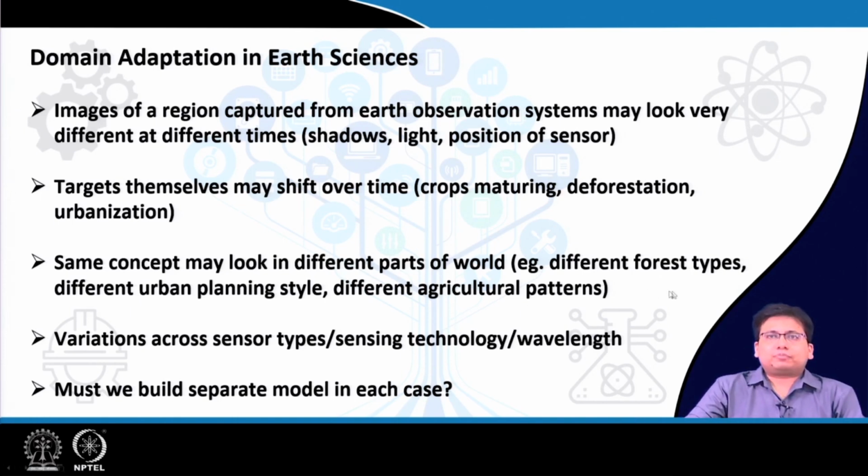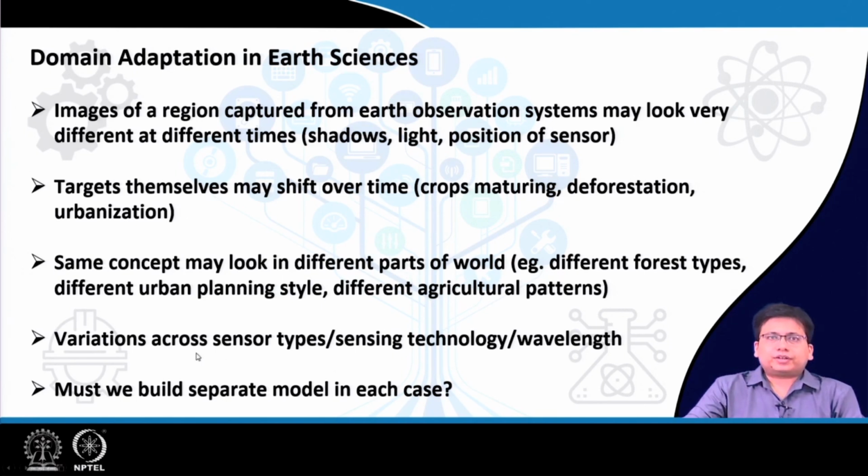Now suppose we deploy that same model on another city where the urban plan is significantly different. Let us say one has mostly tall high-rise buildings, while the other has shorter buildings which span a wider area. In that case the buildings may look very different, and a building detection model trained in the first case may not work that well in the second.